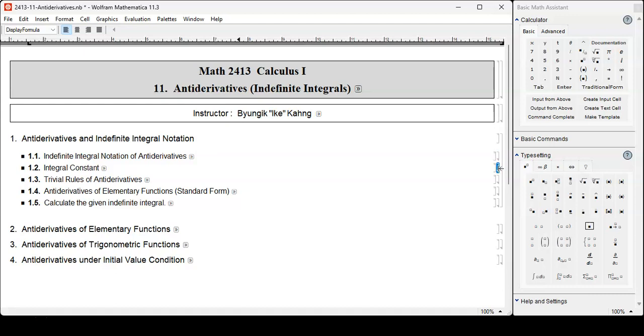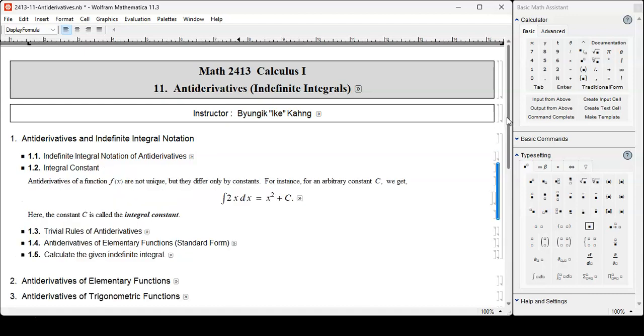One more thing about antiderivatives before moving on to real exercises. Antiderivatives are not unique. There are multiple antiderivatives for a single function. Actually, there are infinitely many. Look at this expression. Let's begin with a function 2x and antiderivative function x squared.